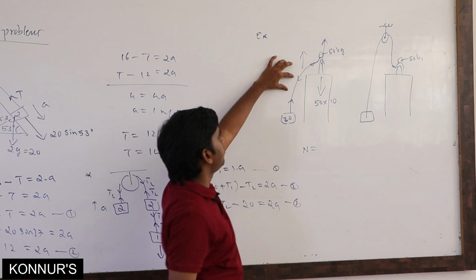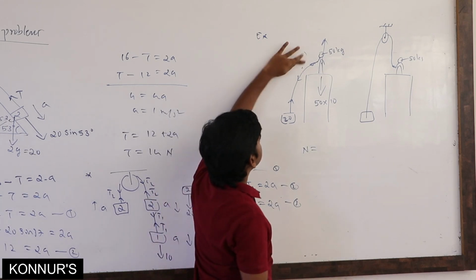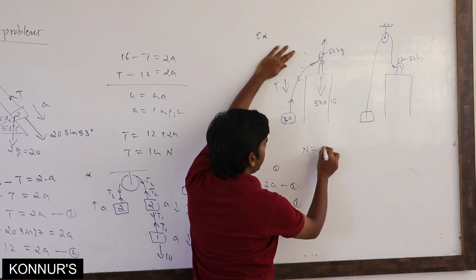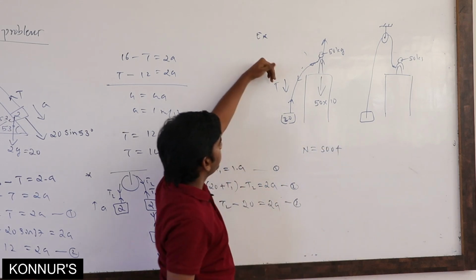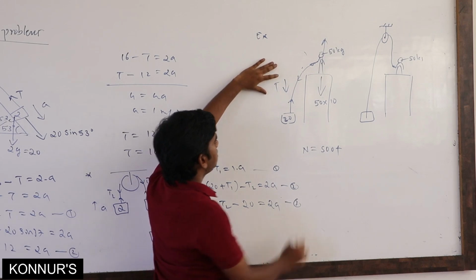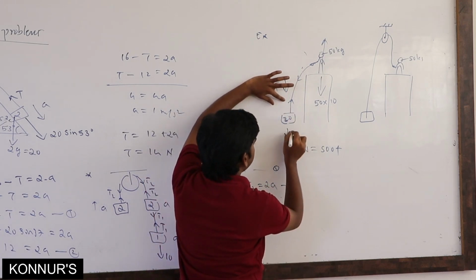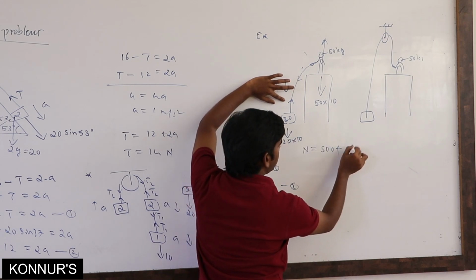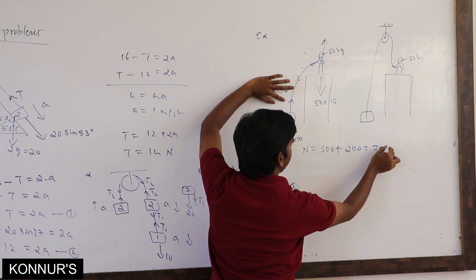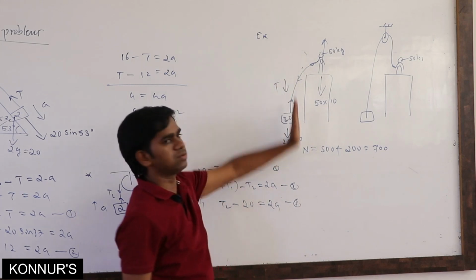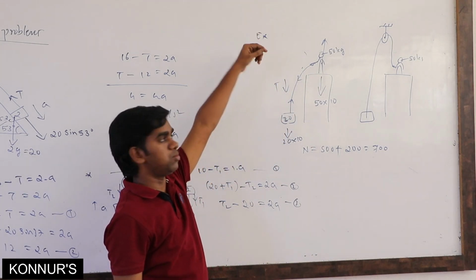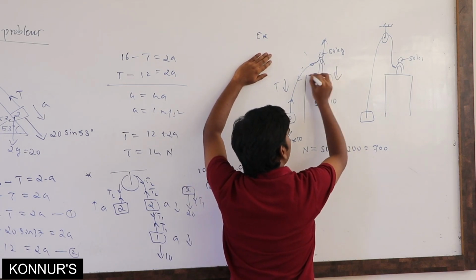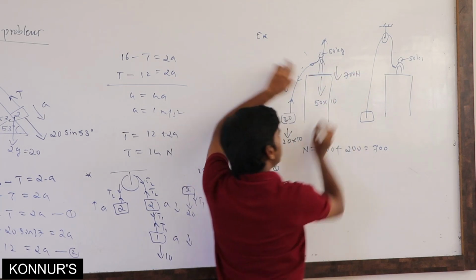So here tension is also downward. So normal becomes 500 plus tension T, which equals 20 into 10. So it will become 200. So total 700 is the normal force. If 700 is the normal force, that much force he has to apply on this floor. So 700 Newton he has to apply.